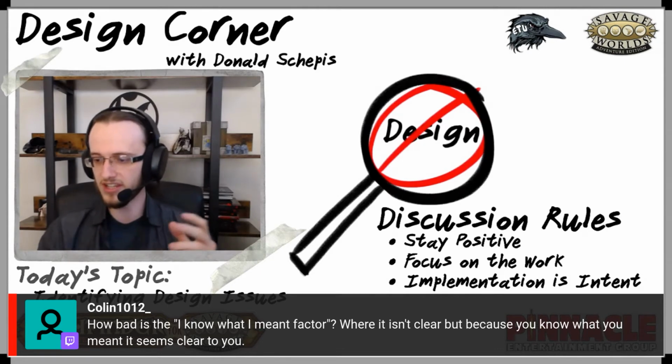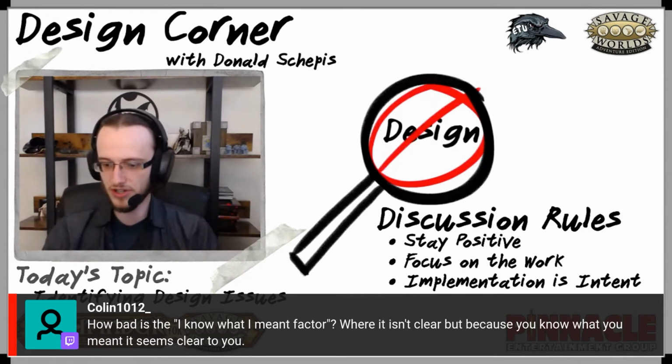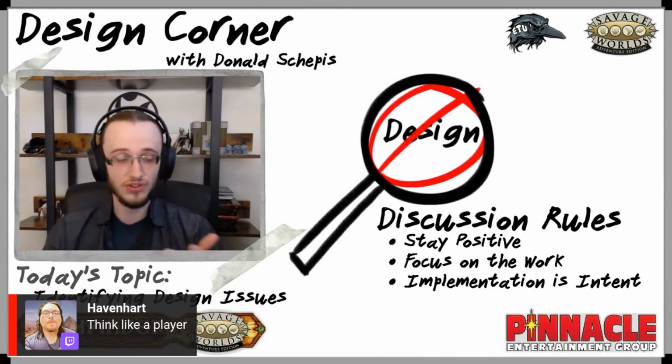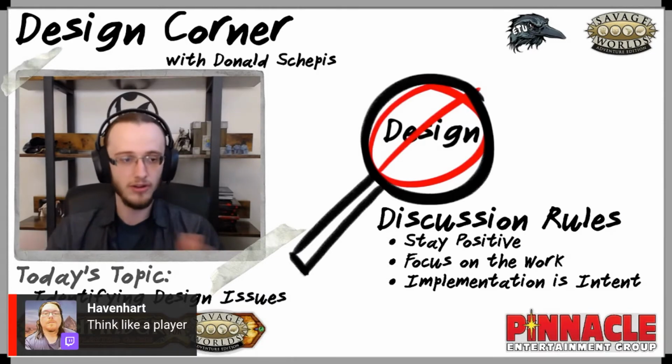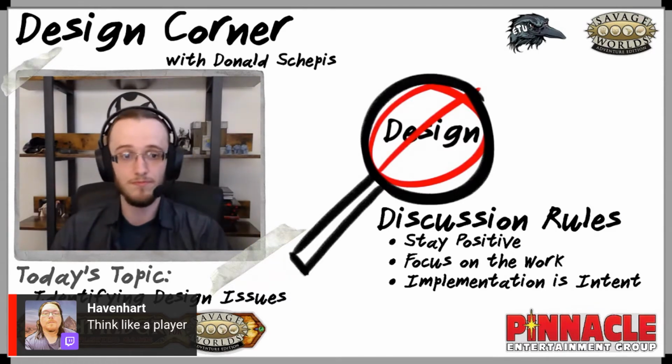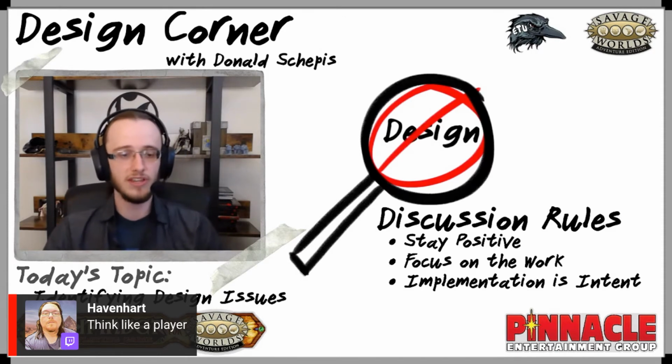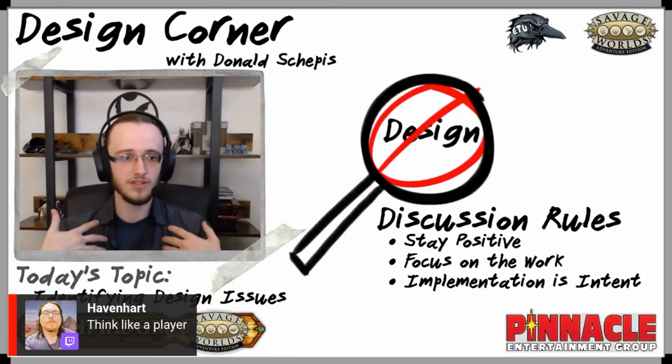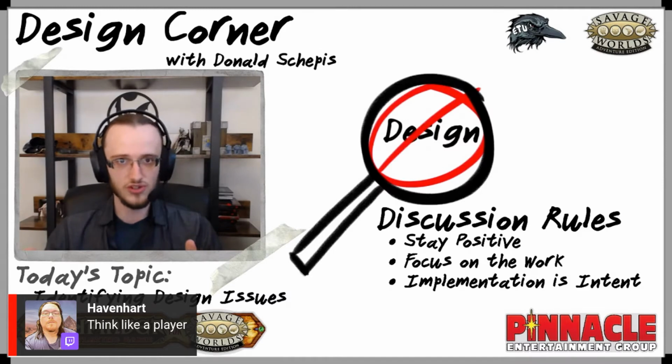So we've got some literacy, flexibility, communication, but Havenheart is getting to what the core of it is, how to think like a player. And I boil this down to having lots of empathy, right? At the end of the day, empathy is the ability to put yourself in somebody else's shoes.